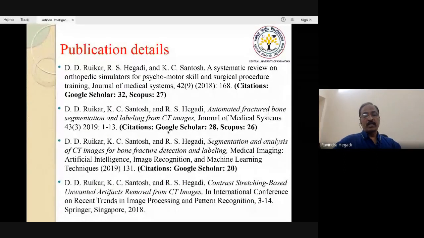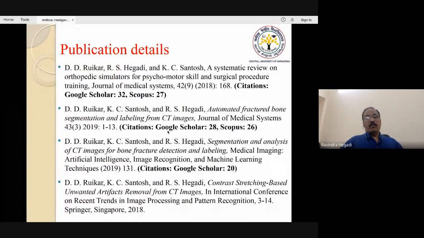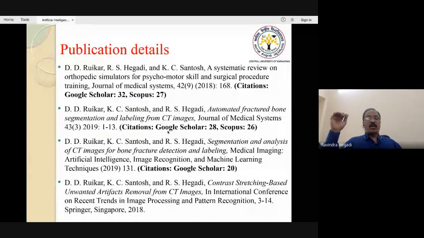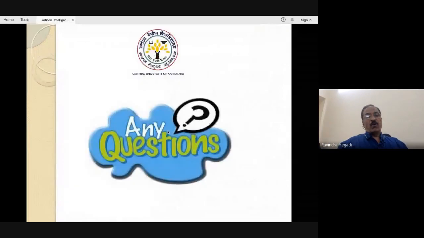Then we published one article in a conference, on contrast stretching based unwanted artifact removal from CT images. And currently, as I was telling, we have communicated one article on the image data we have collected, purely image data, to IEEE medical imaging. This is what I wanted to present today.